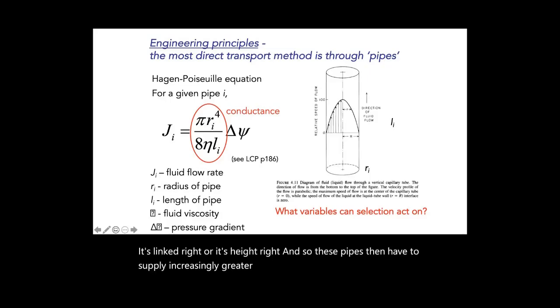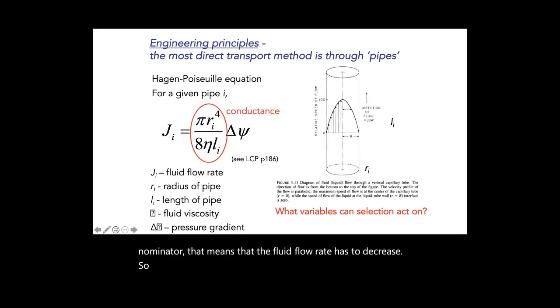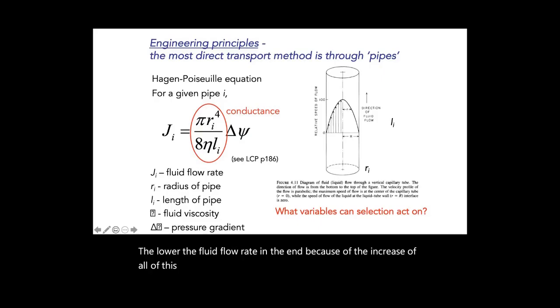As plant length increases, or the length of the tube increases, notice because it's in the denominator, that means that the fluid flow rate has to decrease. So the bigger the transport distance, the lower the fluid flow rate in the end because of the increase of all of this resistance through the surfaces of this pipe, okay?